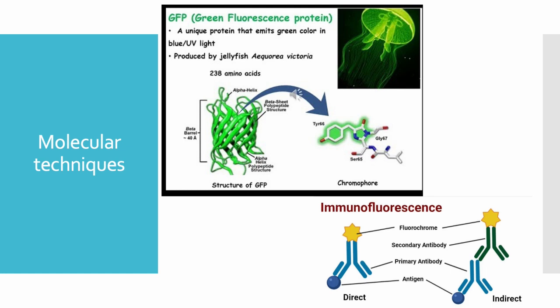We have this electron detector that concentrates the jet of electrons towards the specimen. And after that, you can see different types: the transmission electron microscope and the scanning electron microscope.